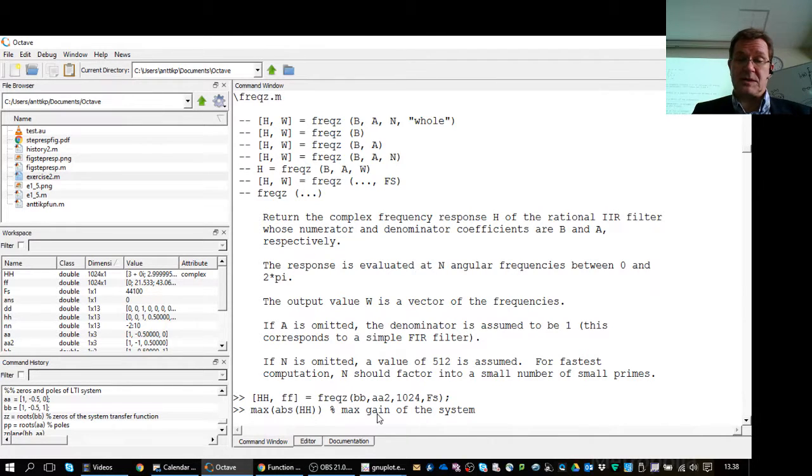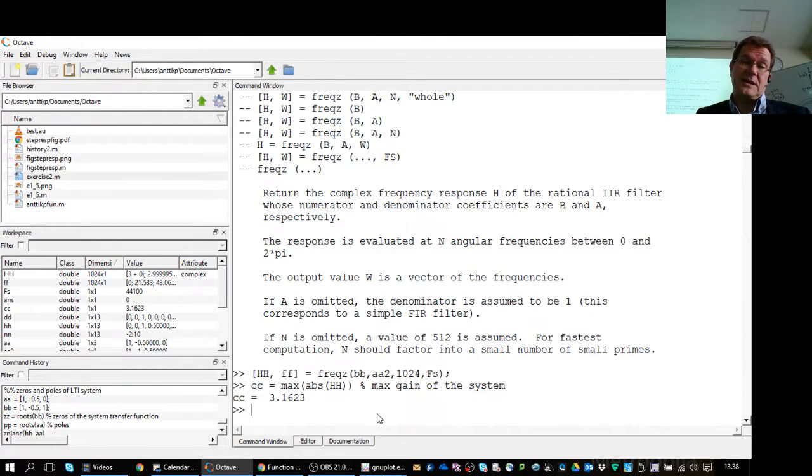And maybe I will just put that one as the variable C. So that has about 3.16, which is the amplification of that system, meaning if I divide the system parameters by this number, I have actually a unity gain system.